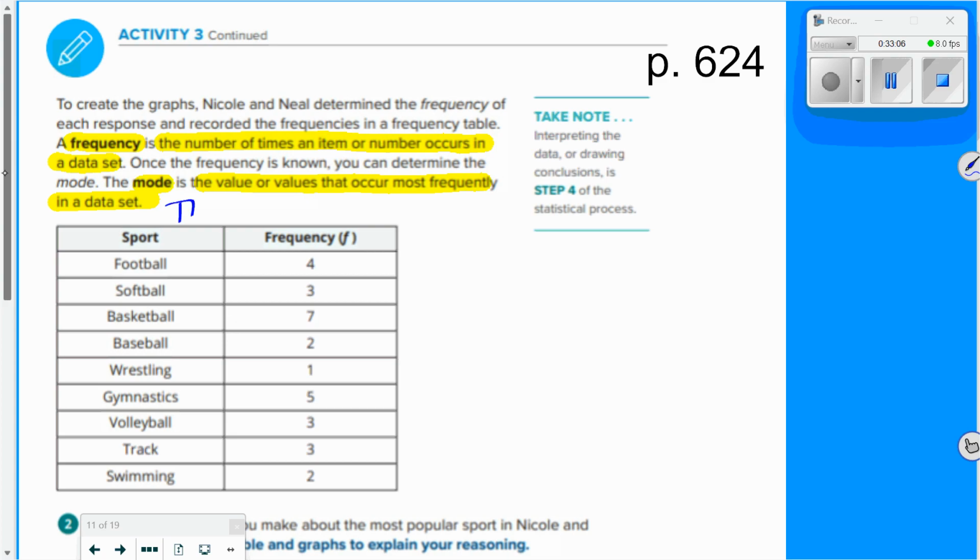There may be no mode. Or there may be more than one mode. We'll talk about it in a second. For right now, just write it down.